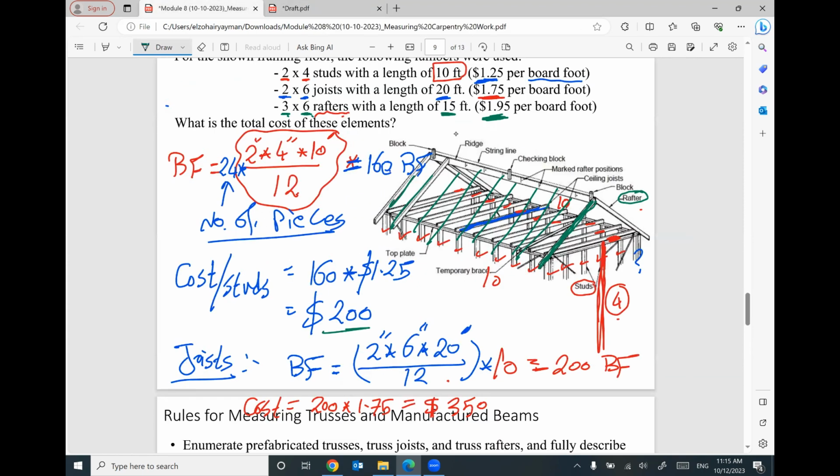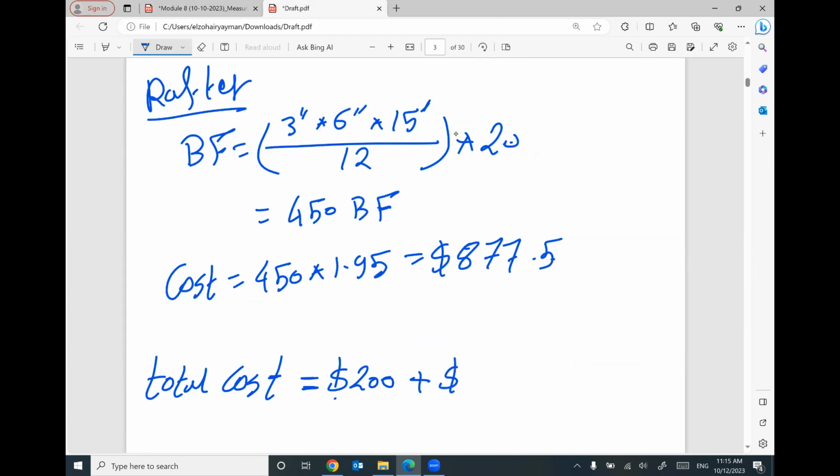So the total cost to construct this roof equal the cost for studs, $200, plus the cost for joists, $350, plus the cost for rafters equal $877.5. Equal 1,427.5.